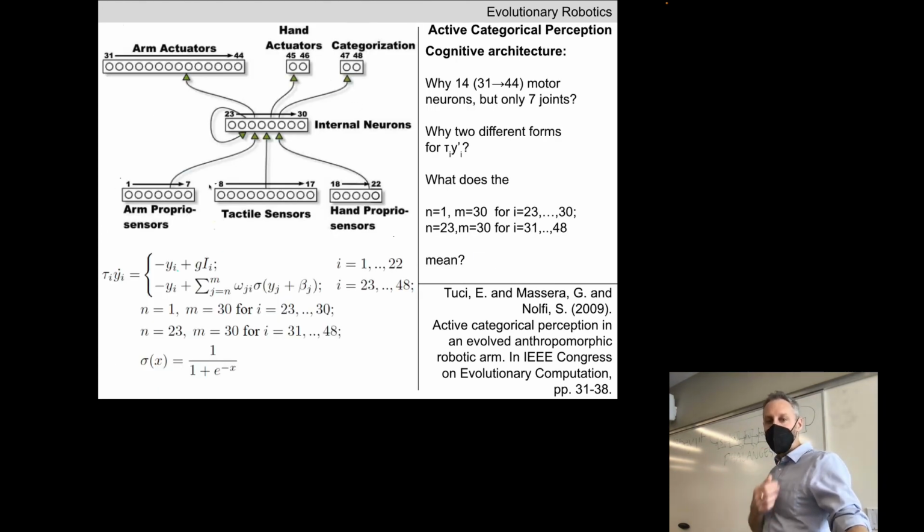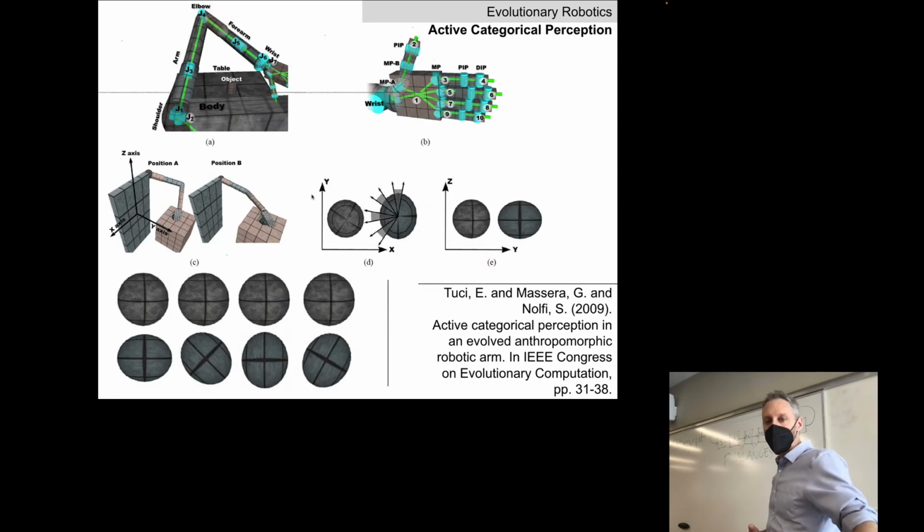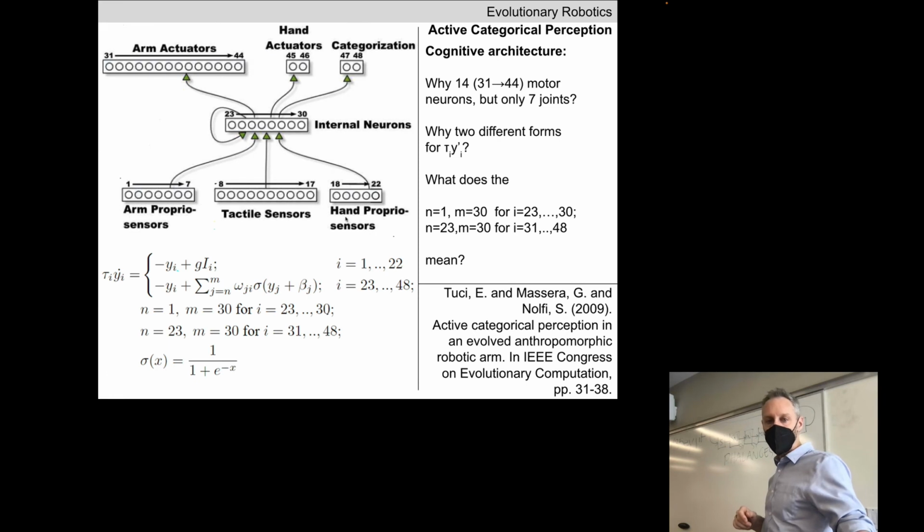We have 10 tactile sensors. Doesn't say here, but those 10 tactile sensors are distributed throughout the inner surface of the hand. So the 1 through 10 here represent the 10 touch sensors that are in the hand. So we got 17 sensors so far, 7 proprioceptive sensors in the arm, 10 touch sensors in the hand, and did I get that right?